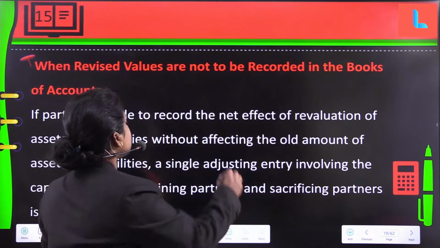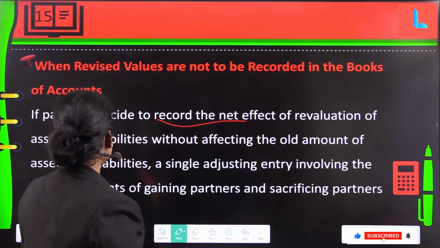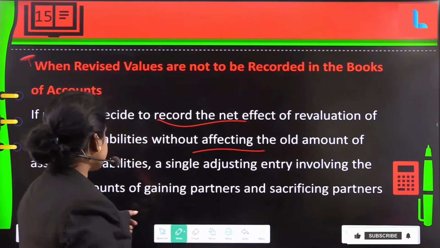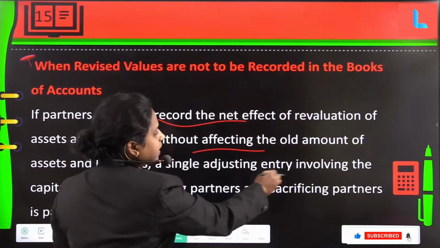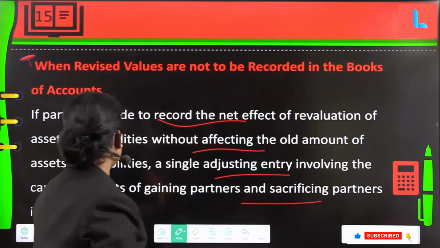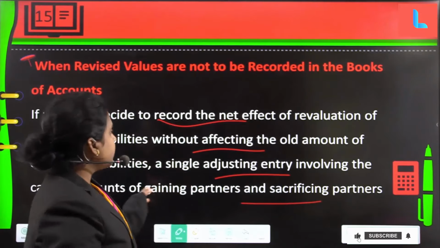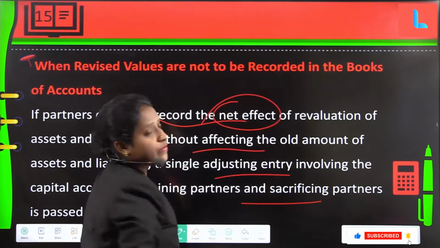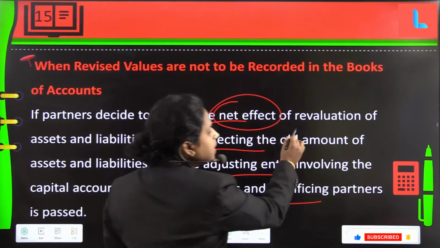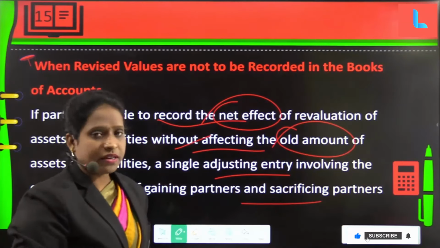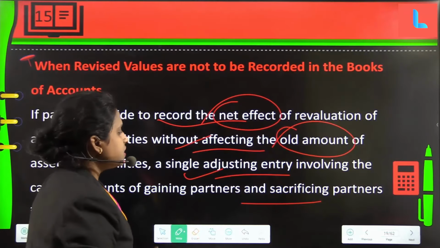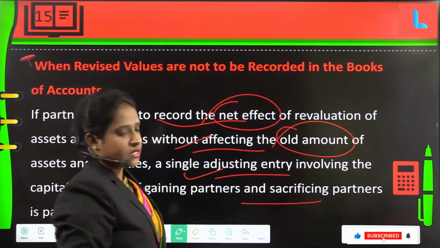If partners decide to record the net effect of revaluation of assets and liabilities without affecting the old amount of assets and liabilities, a single adjusting entry involving the capital accounts of gaining partners and sacrificing partners is passed.